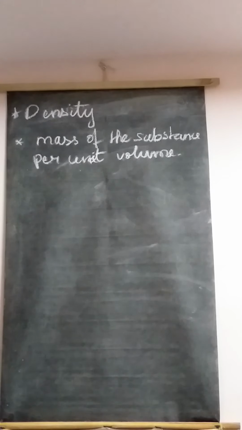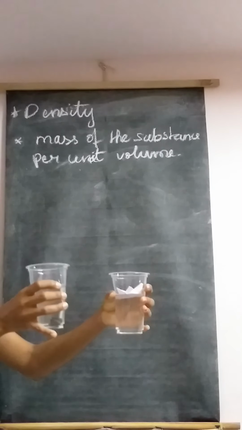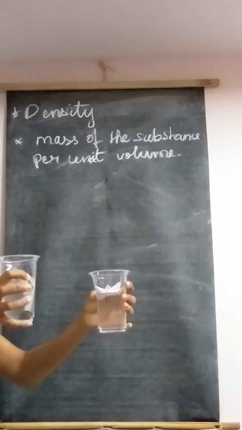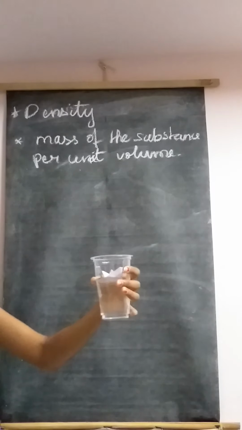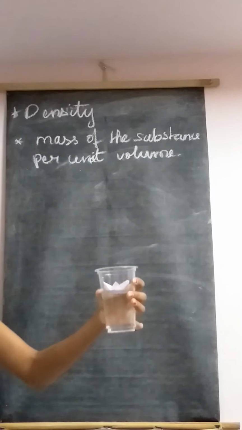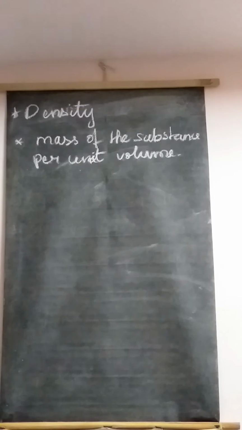Now, when we compare these two, what can you say? The density of the stone is more, so it sinks. And the density of the paper boat is less, so it is floating. So some physical properties of matter are different.